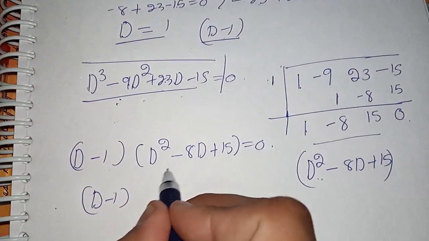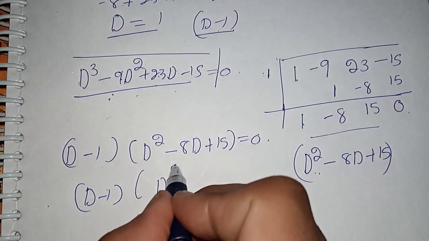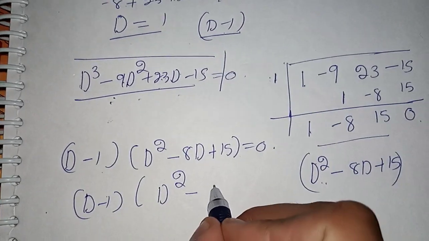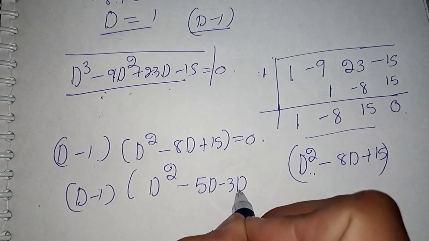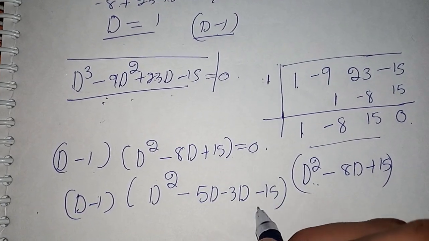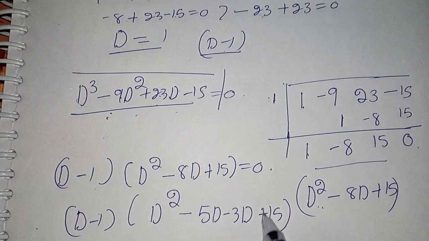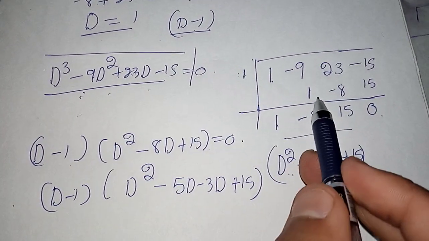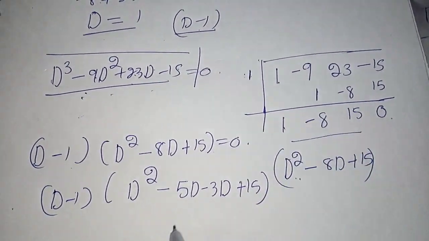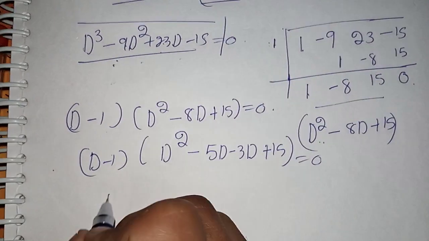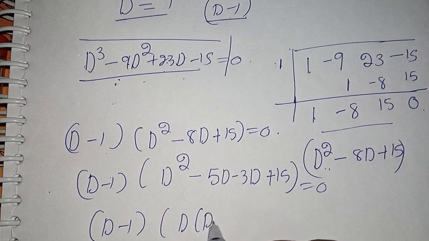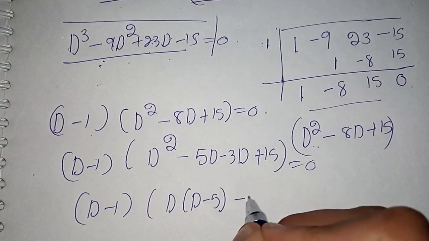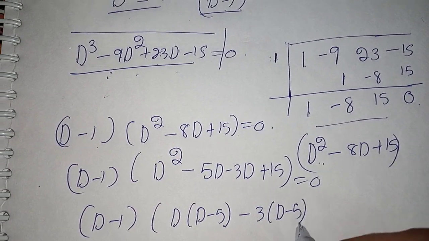So we can find this easily by breaking minus 8d into minus 5d minus 3d, and plus 15 comes out from this kind of arrangement, equal to 0. d minus 1, then d takes common, d minus 5, minus 3 takes common, d minus 5 is equal to 0.